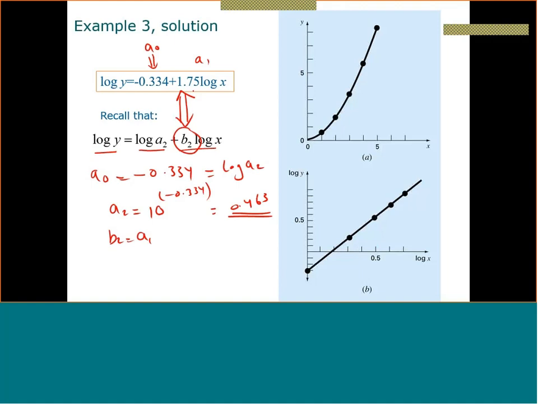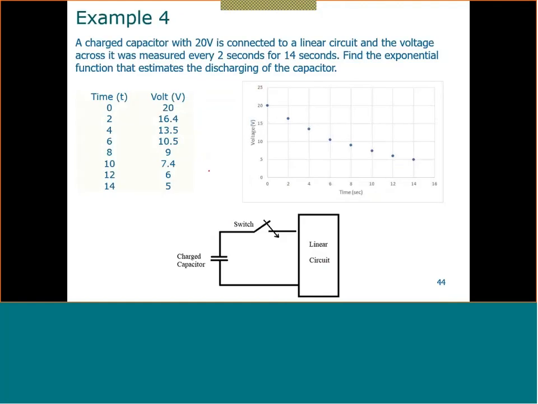My original model, which is y equal to A2 x to the power of B2, becomes equal to 0.463 x to the power of 1.75. So this is my model. This is how we can find the nonlinear model after linearization.